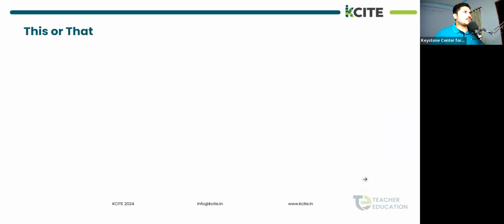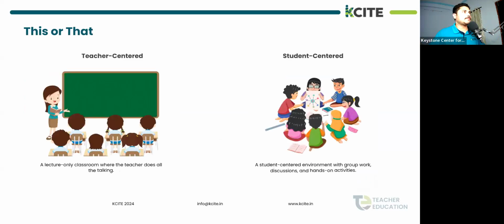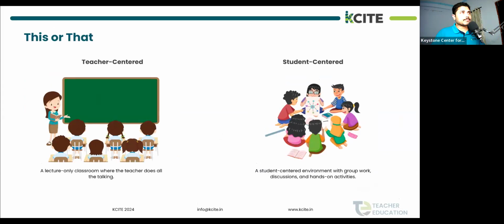Now the next question, the next thing on your screen. Teacher centered, a lecture only classroom where the teacher does all the talking, or student centered, a student centered environment with group work, discussions, and hands on activities.